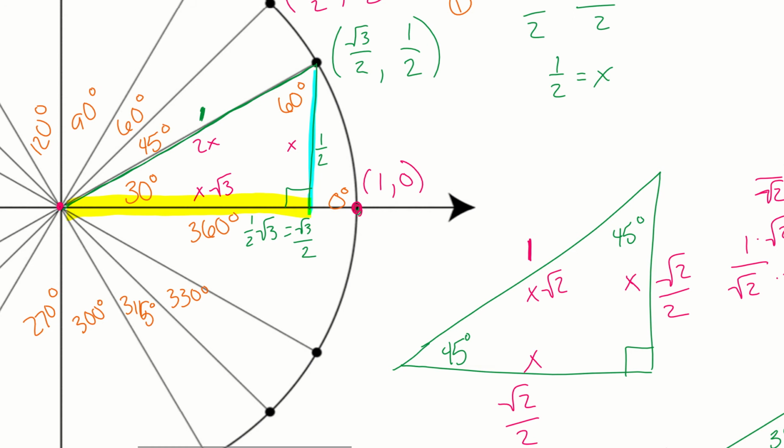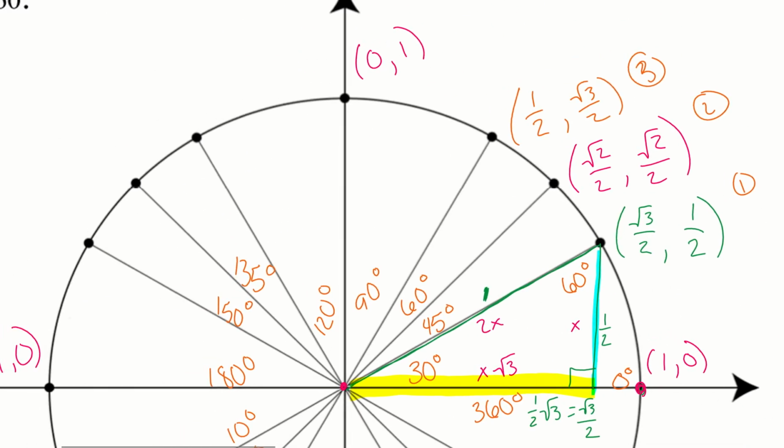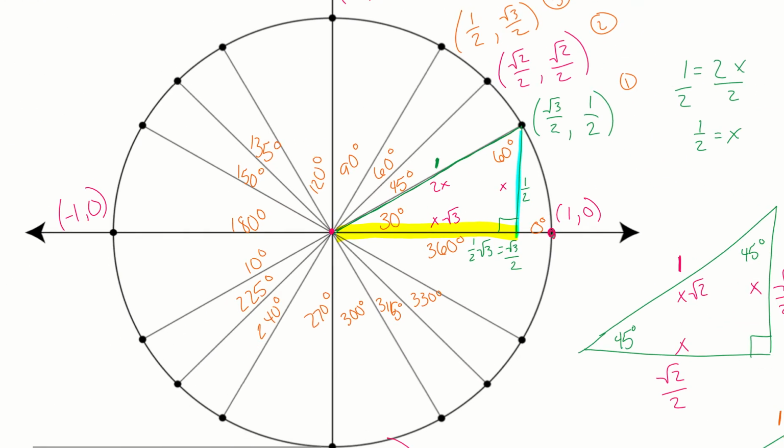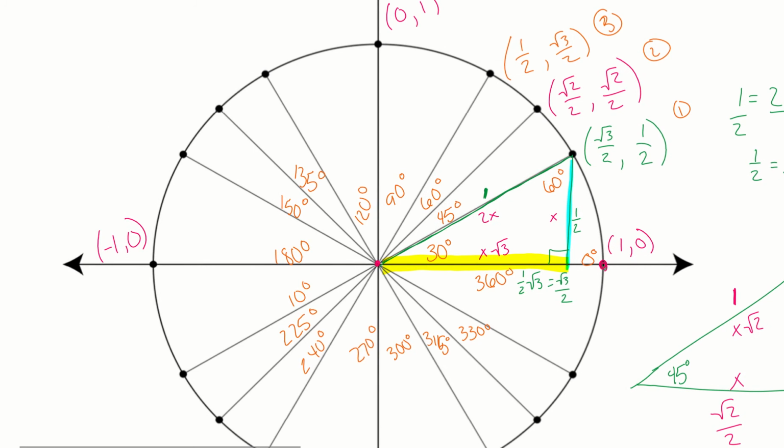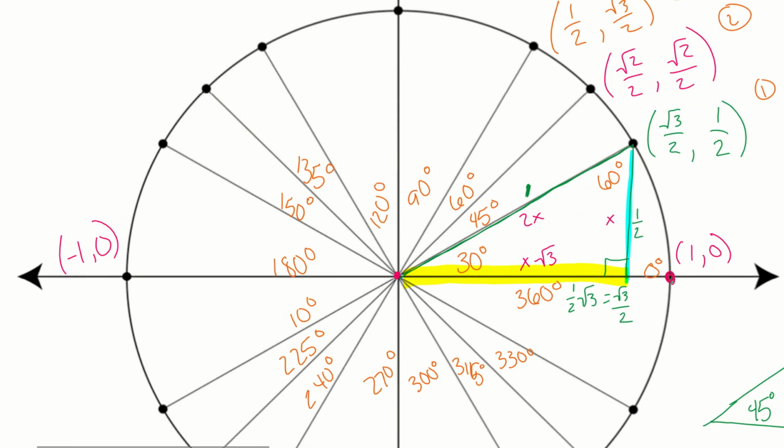All right, and then the nice thing over here, let's take a look at the rest of our circle. Remember how I talked about all of these? We'll have 30, 45, 60 all the way around. We can continue to make these triangles on this side. So if I were to start up here, there we go, and I were to make my triangle there, I would know that this whole thing here is 60 degrees.